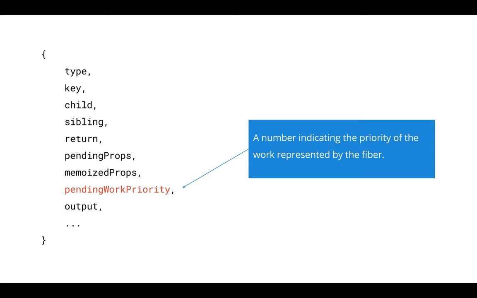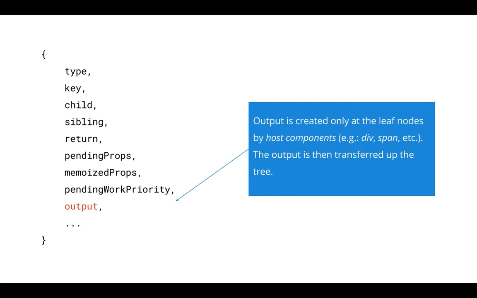So React is pretty smart to also know how to prioritize work based on the actual viewport of the user. And output is something that's created only at the leaf nodes, basically, and it always goes down to HTML tags, and that output is combined recursively fiber by fiber.